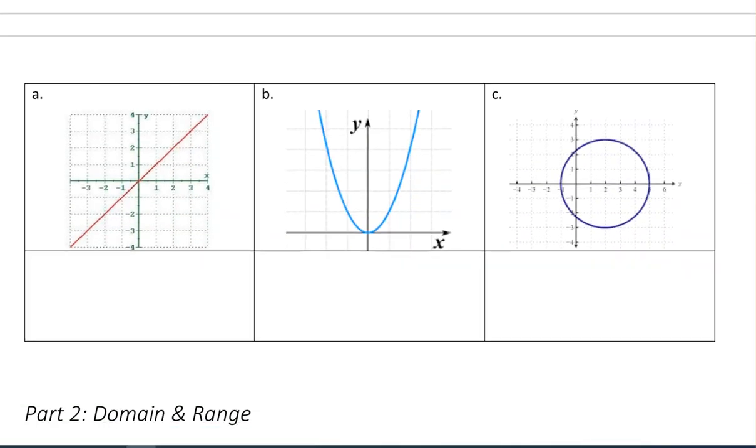Okay, when we look at graphs and we're asked is it a function or not, what you're going to want to do is what we call the vertical line test. Not too tricky. All you have to do is draw a vertical line over the graph.